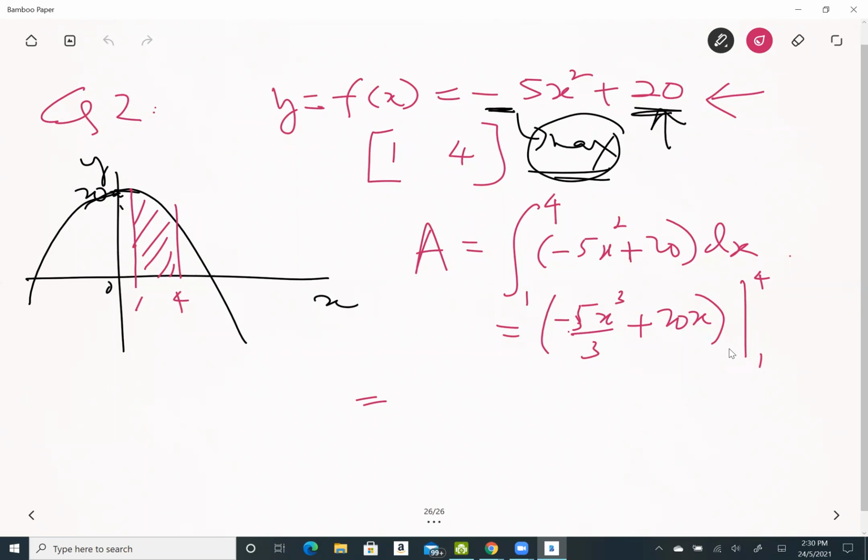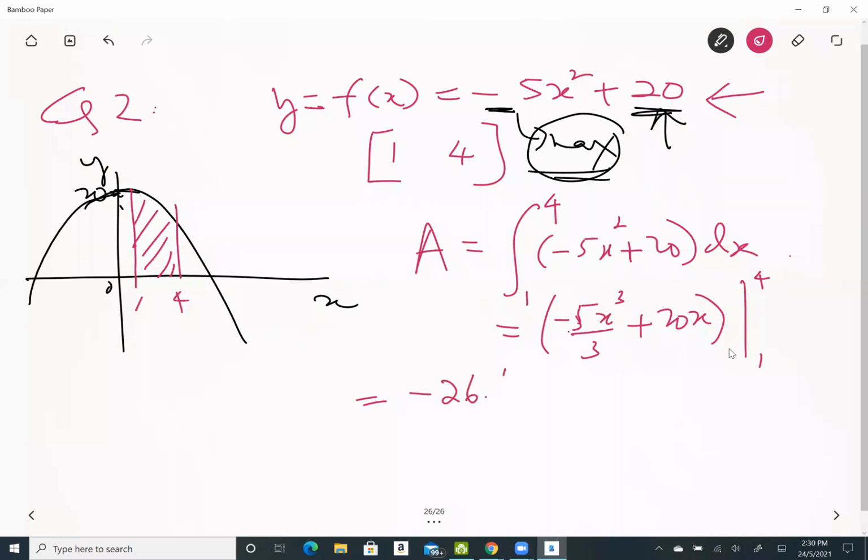So in that sense, probably the curve that I sketch here, negative 5x squared plus 20, the maximum occurs at 20. Okay, let's see.